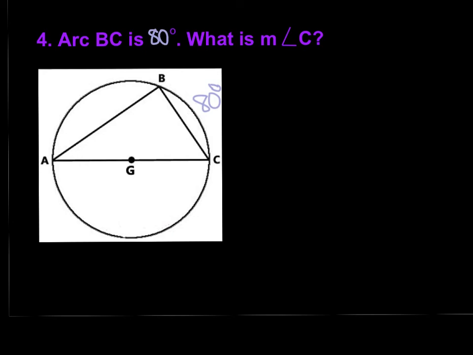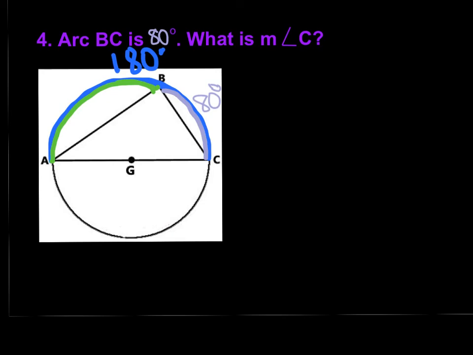Okay, so that means that from here, let me make this bigger, this half of the circle is 180 degrees. So that arc right there is 180. This arc that we started with is 80 degrees. So how would I find this part, arc AB?